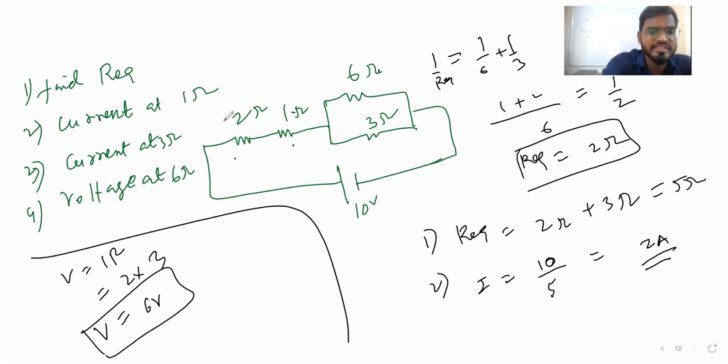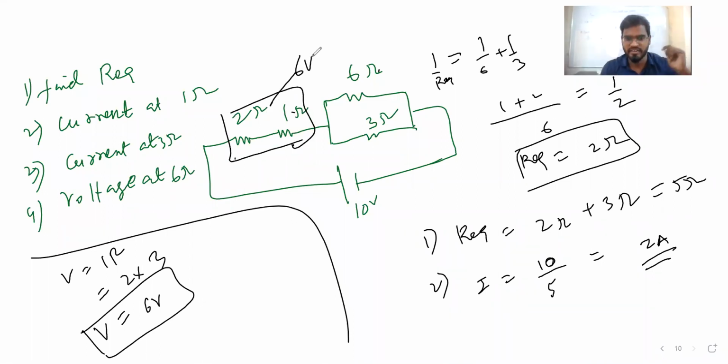We can say 6 volt is used. Now what is remaining? 4 volt. Total here is 10, right? So the net voltage is 10 minus 6, which is 4 volt. That is the net voltage we found.